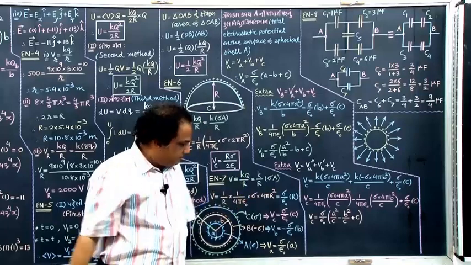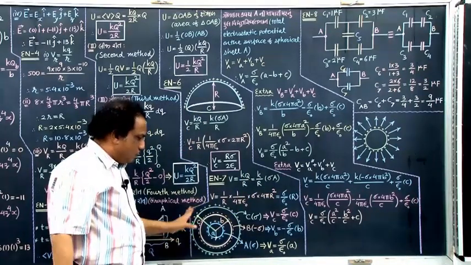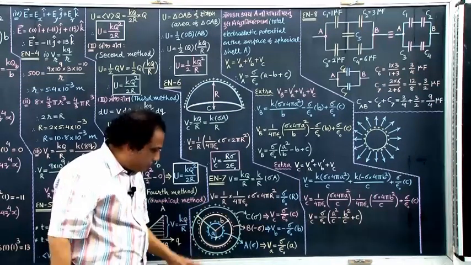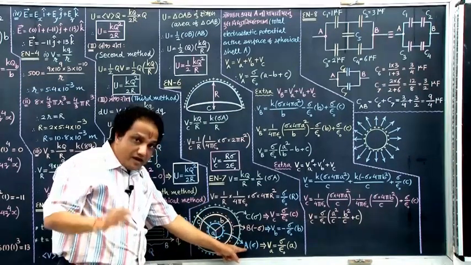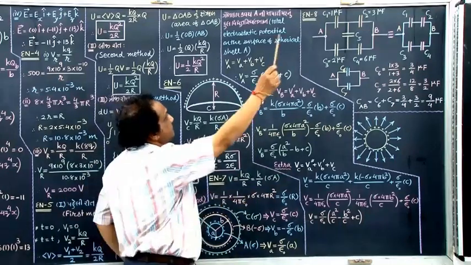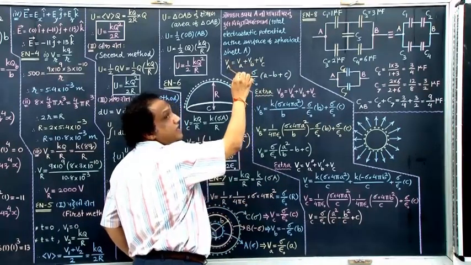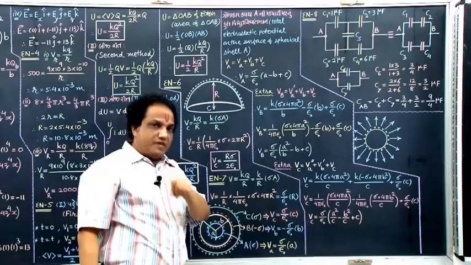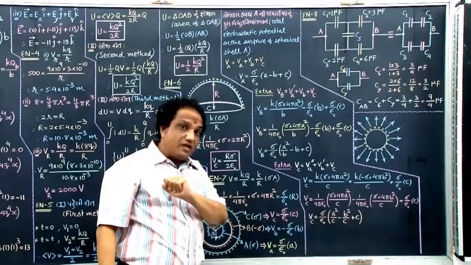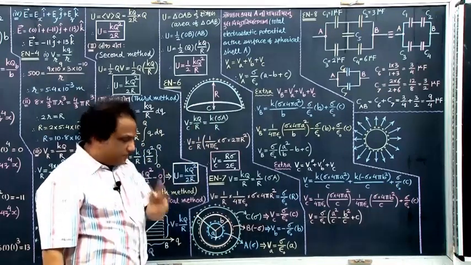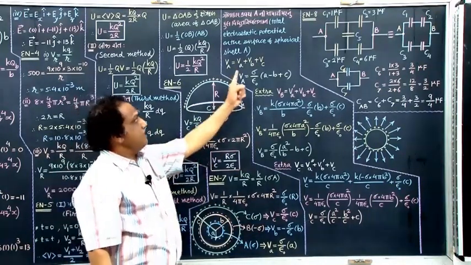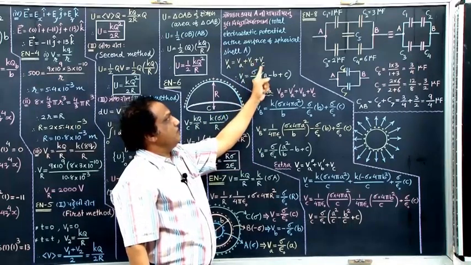Okay. Now, if the whole system is present like this, then what is the total potential on the surface of shell A? Let it be VA, correct? Then it will be addition of 3 potential values, because I told you as many charges, that many values of electric potential. You have 3 charges on the surfaces of A, B and C. That's why I need to make addition of 3 potential values.